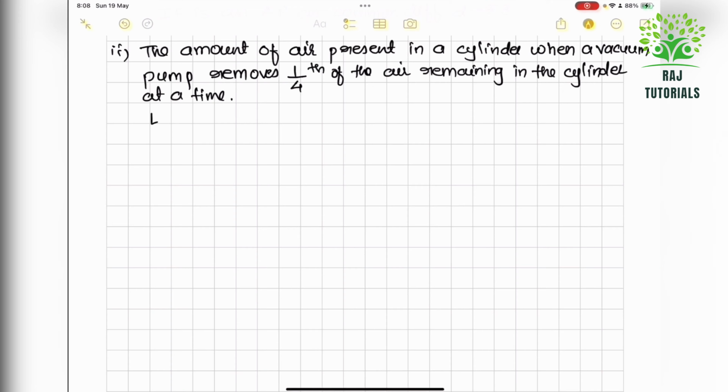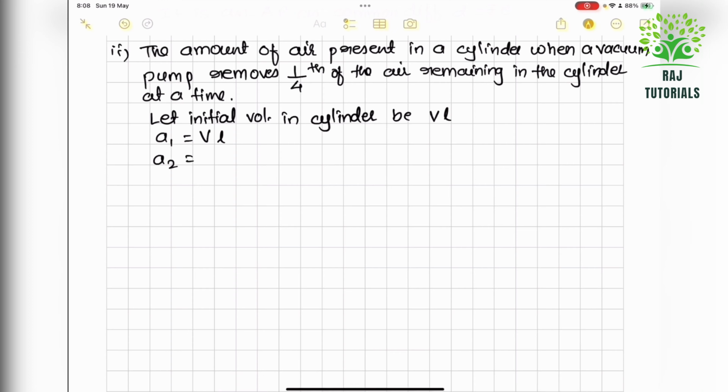So see how I can do it. Let the initial volume in the cylinder be V liters. So that means A1 is V liters.